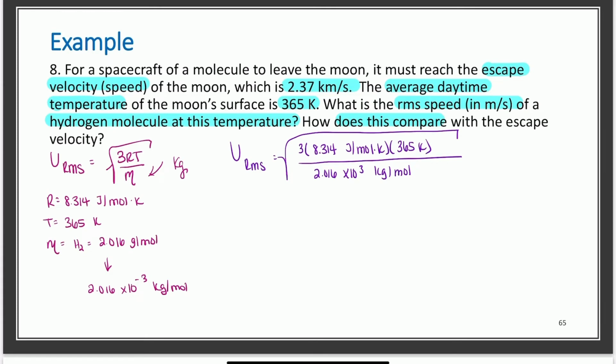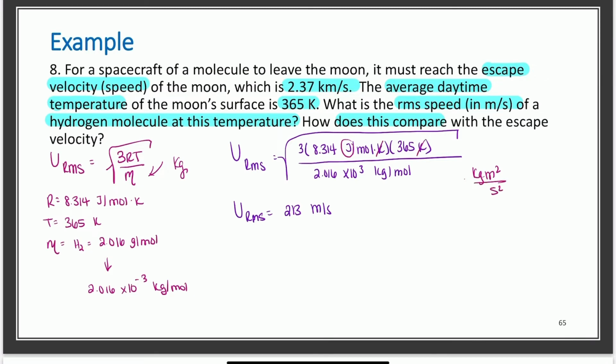Take the square root of that. The answer here is 213 meters per second. Remember, for these units, this joule is a kilogram meters squared per second squared.